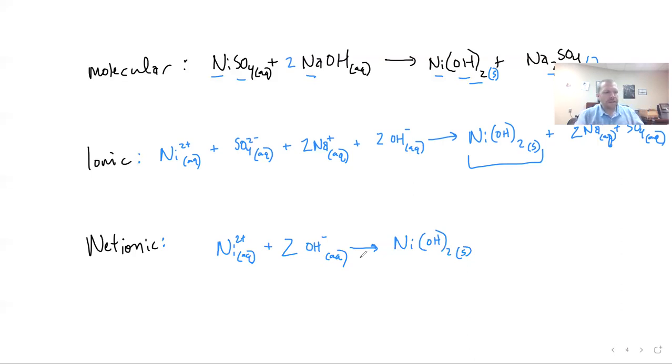Now, with that said, like I just said a moment ago, hydroxides generally are insoluble. I want to make a change to your procedure or to your output on page number 117. On 117, you have a molecular, ionic, and a net ionic equation.